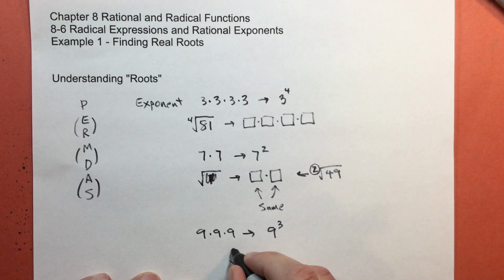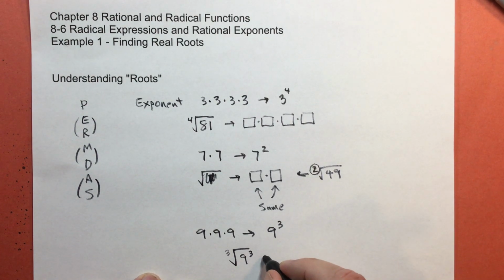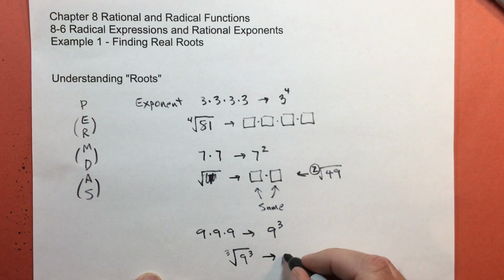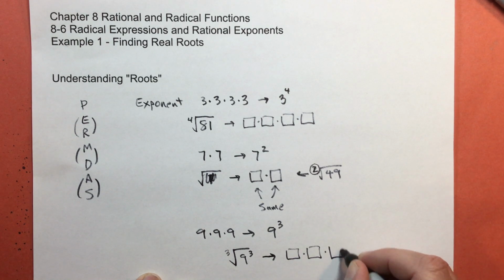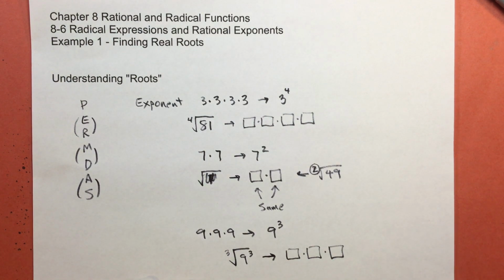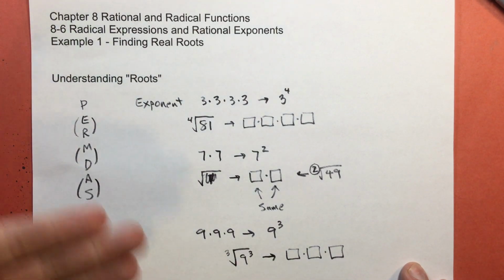If I wanted to find the third root of 9 cubed, which is 729 by the way, then this is asking, and I'm drawing arrows, I'm not saying it's equal to it, but it's asking what number times what number times what number equals 729. Of course, that'd be 9 times 9 times 9. And please, I want to point out, I'm not setting anything equal.